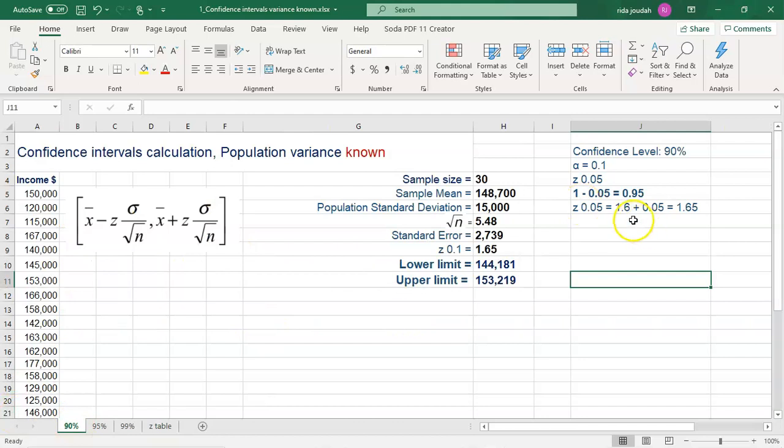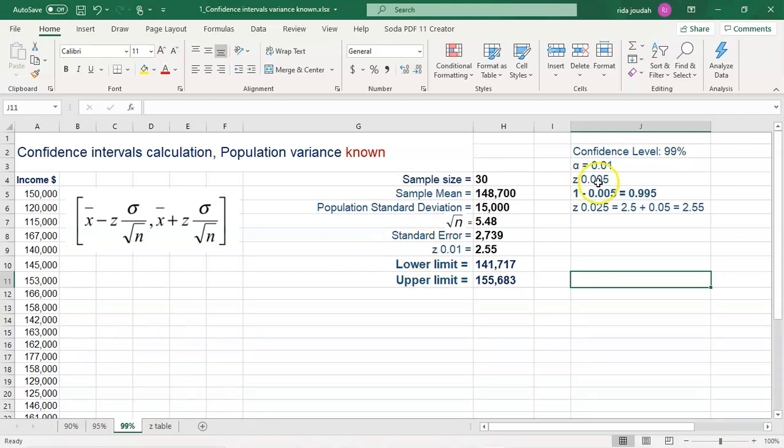And that's how we got this value 1.65. And exactly we did the same thing, except here we replaced 1.96 by 1.65, which is the new Z value. And this time we got 144,181 to 153,219.